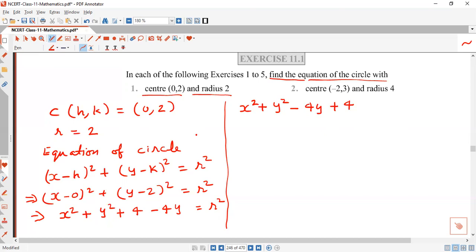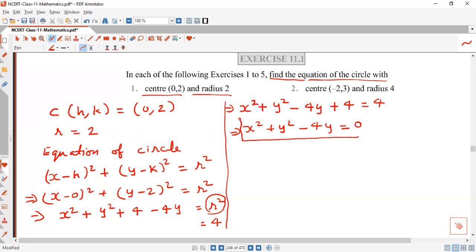The value of r is given here as 2, so r square is 2 square, which means 4. So it becomes x square plus y square minus 4y equal to 0. This is the answer to this question.